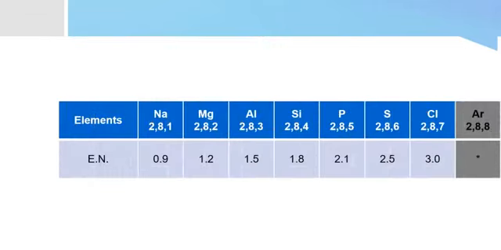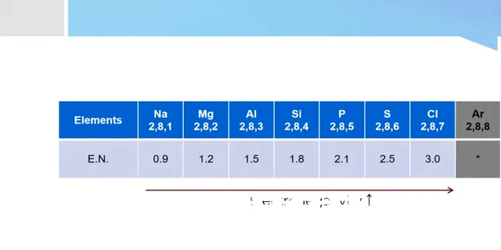In this second period, we can see that as we move from left to right, the electronegativity is increasing. As we move from left to right, the elements become more electronegative and less electropositive. Argon is an exception here because it will not accept an electron, so its electronegativity is 0.